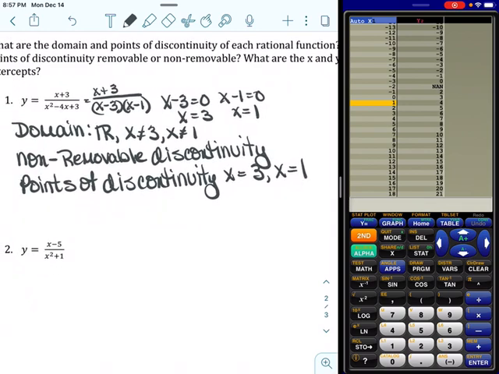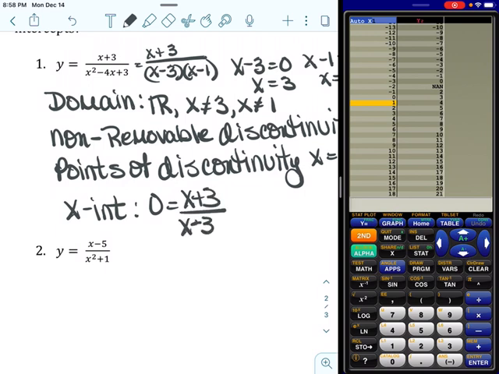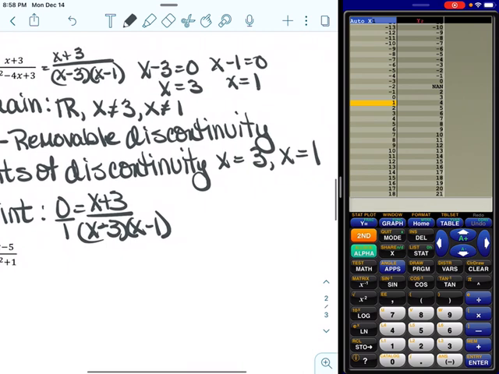Okay? And let's find our x-intercept. Remember, that means 0 in for y, solve for x. Now, again, this is a fraction, so I always put my 0 over 1 and do cross product, which basically means that 0 equals x plus 3, and x is going to equal negative 3.